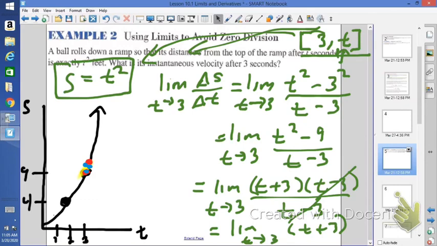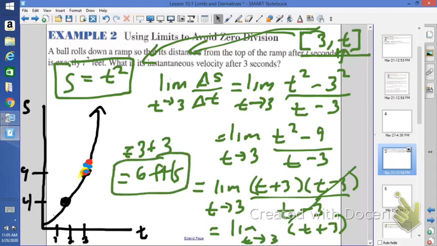Okay, at this point now, I can plug in 3 for t, and we wouldn't be dividing by 0. So 3 plus 3, that's going to give us 6, so 6 feet per second. And so now what we did is we used limits to find our exact answer for instantaneous velocity.